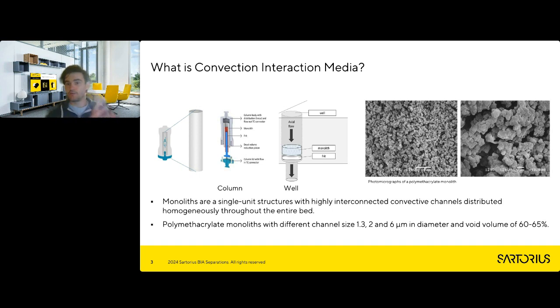We can make them in 1.3, 2, or 6 micrometers in diameter, with a void volume between 60 and 65%. Some of you may already know monoliths through our column format, where we have a radial flow path, and now we couple the monolith with the plate format, where we have the axial flow format.